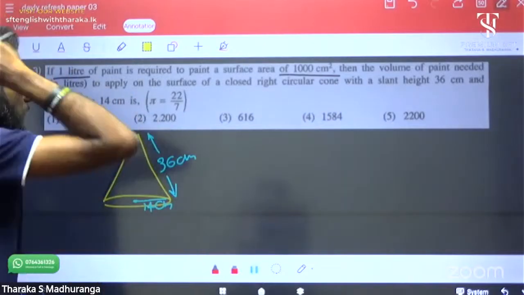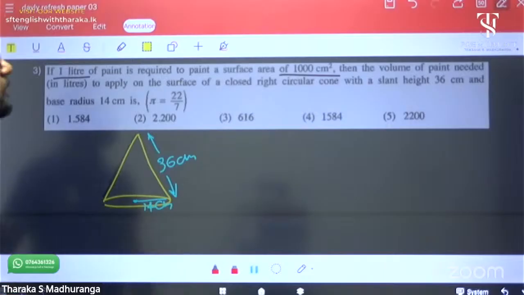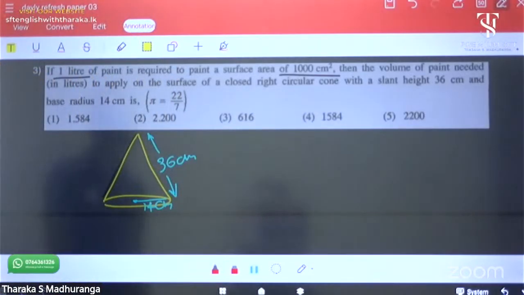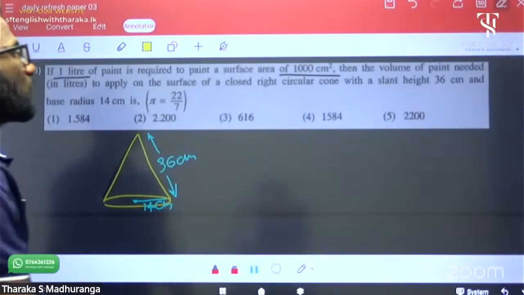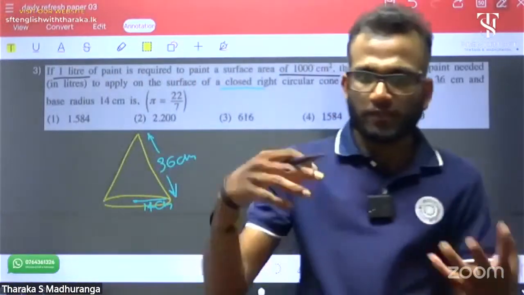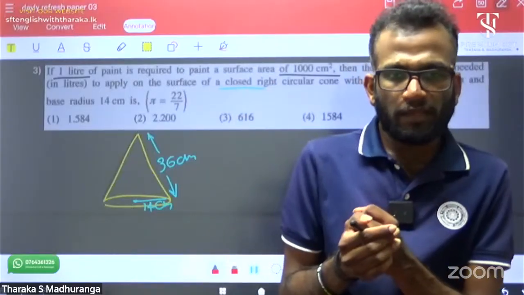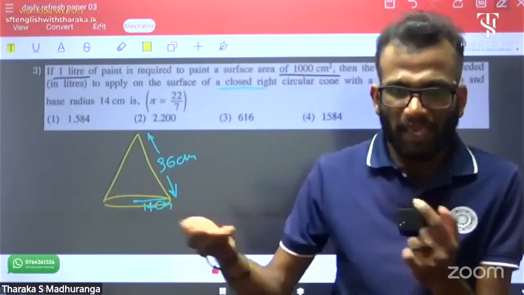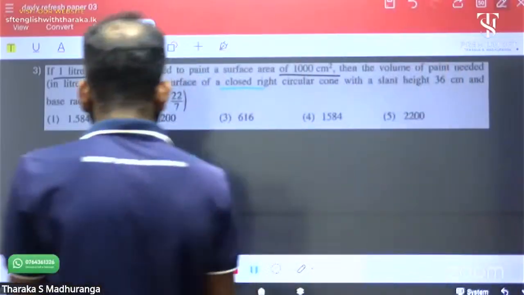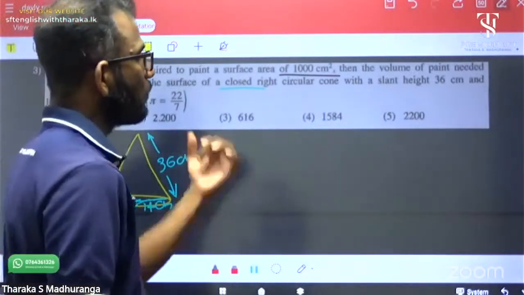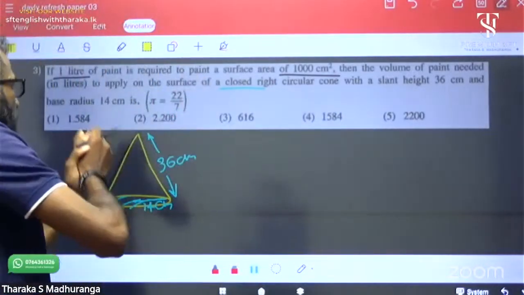Okay, closed. What's the meaning of a closed right circular cone? That means it has a bottom, it has a base as well. Therefore, it's a solid. We have to consider it as a solid cone.